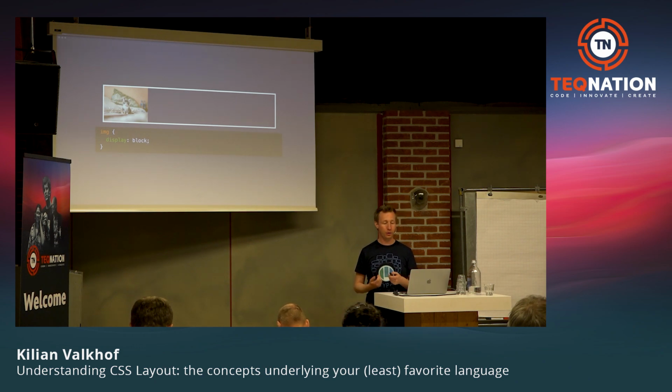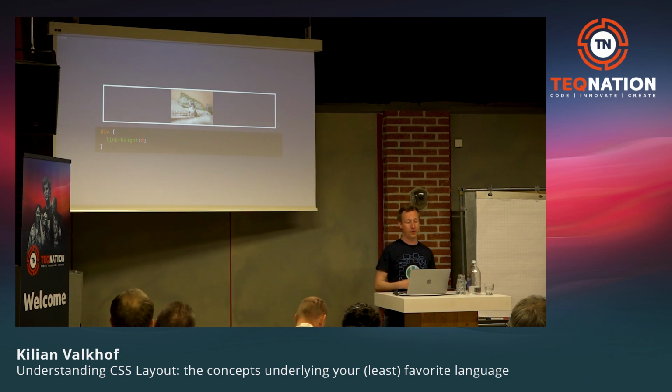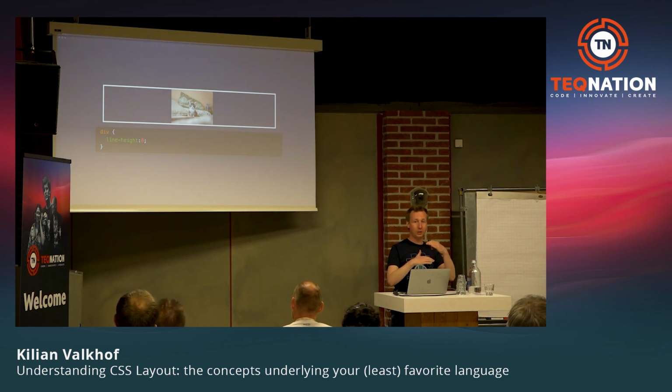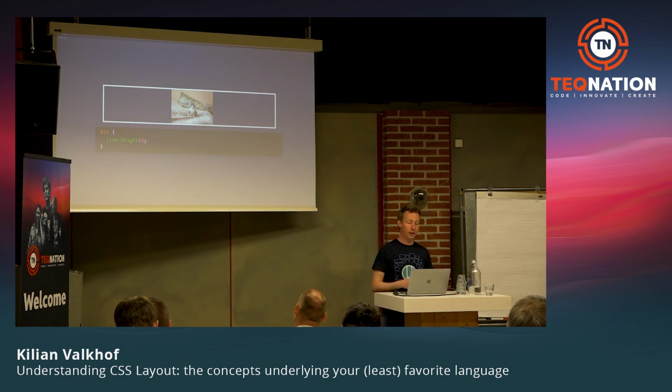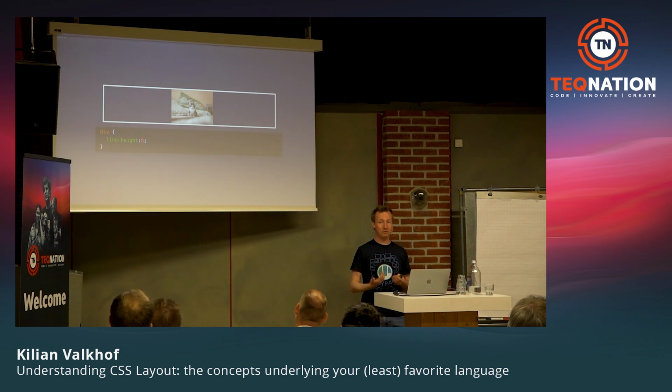Maybe we don't want that. What we can also do is get rid of the line height. If the line height is 0, then there's no space below the baseline, because that's then also 0, and we get rid of the space as well. Now, if you now add text to this, things can get really weird.